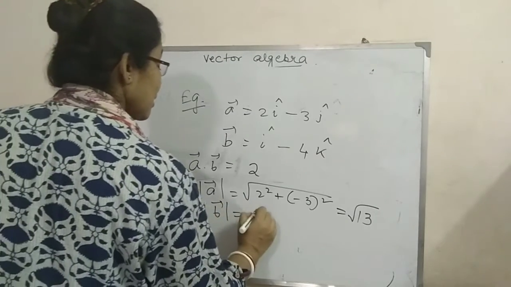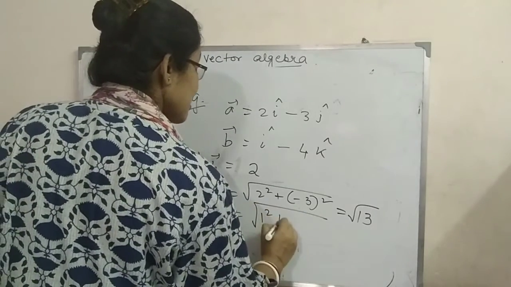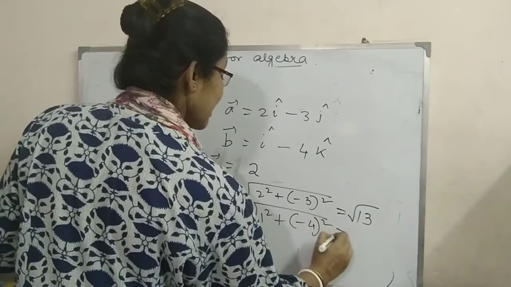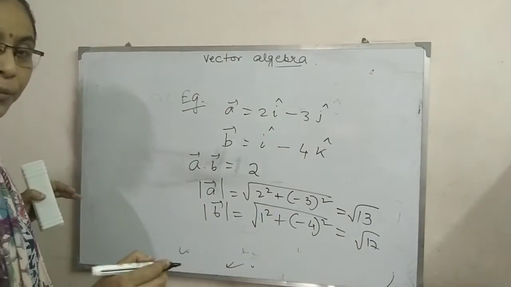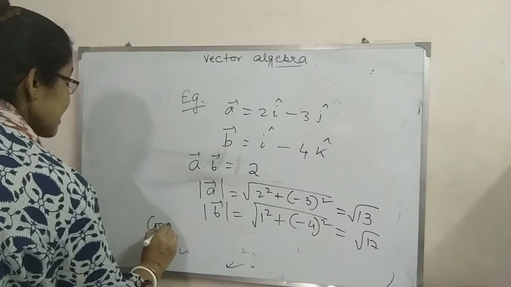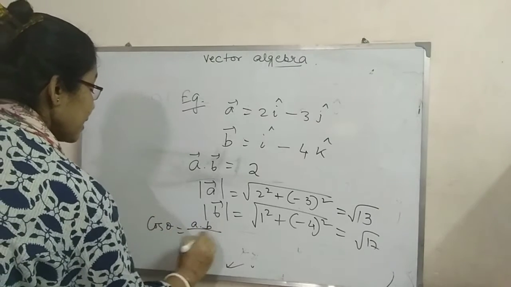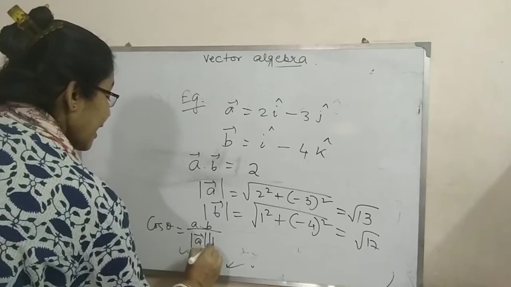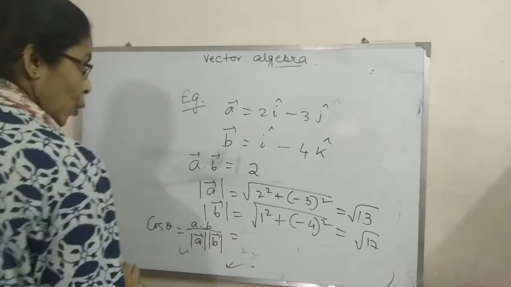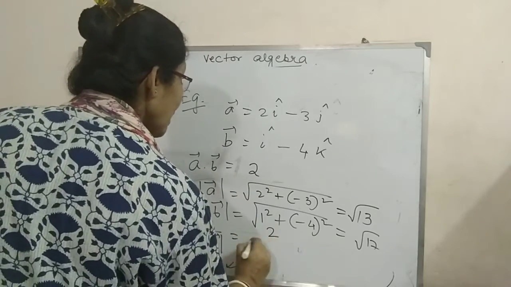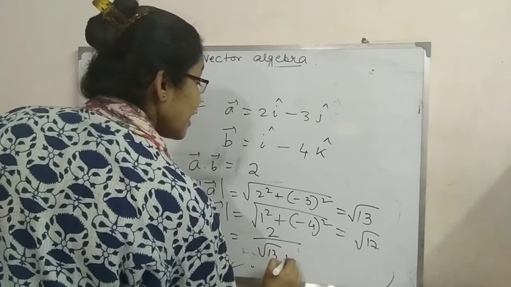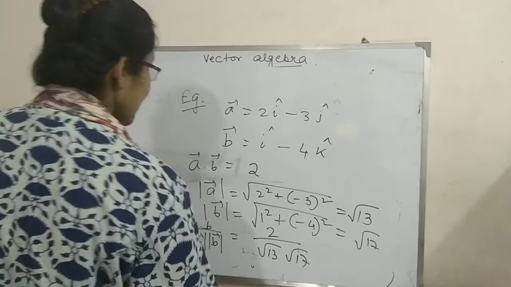Modulus B equals root over 1 square plus minus 4 whole square, that is 1 plus 16, root 17. If theta is the angle between A and B, then cos theta equals A dot B by modulus A modulus B, so cos theta equals 2 by root 13 into root 17.